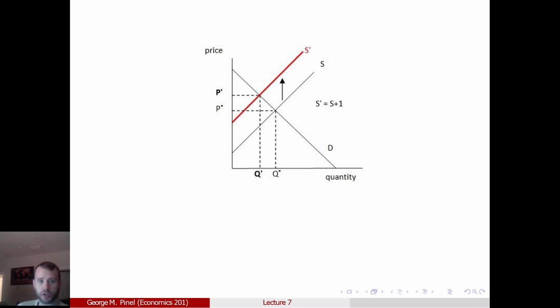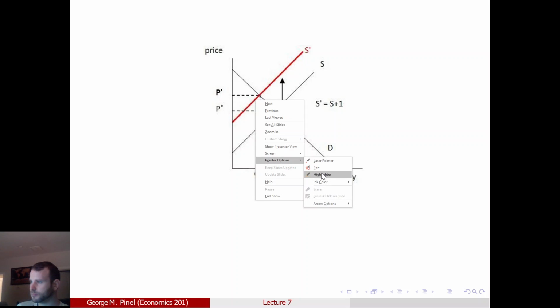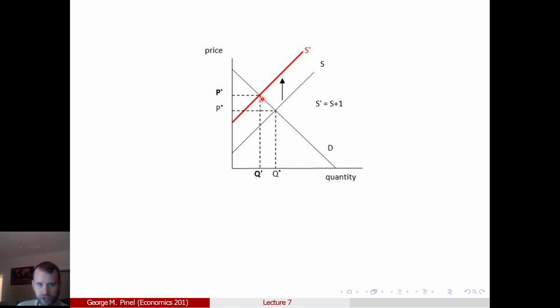This is the price that consumers are charged and that producers charge. This is the equilibrium quantity, the amount of sodas that are both getting bought and sold. And you can see that the equilibrium quantity has shrunk.